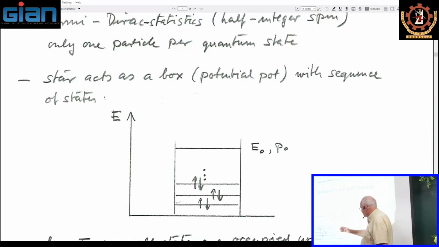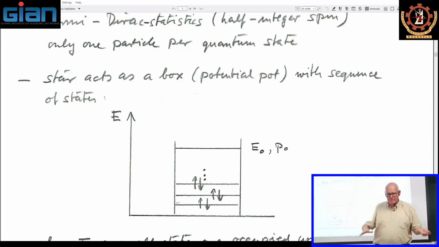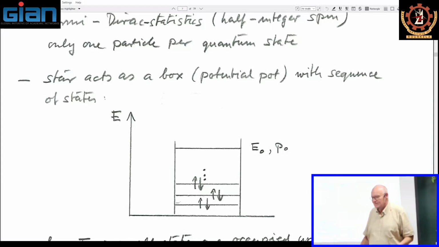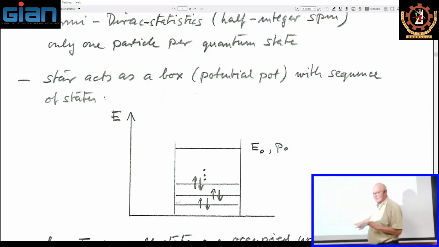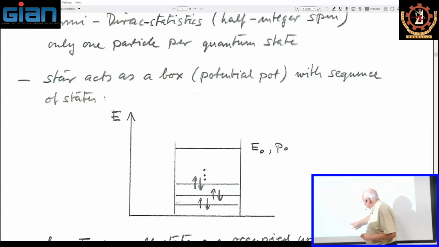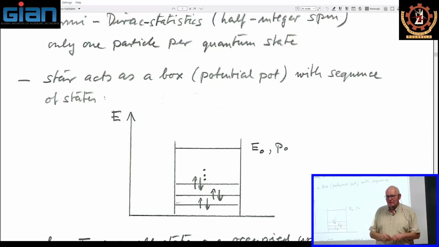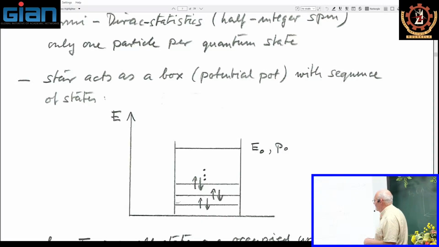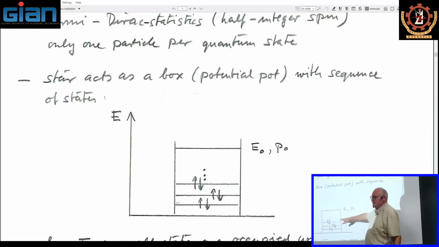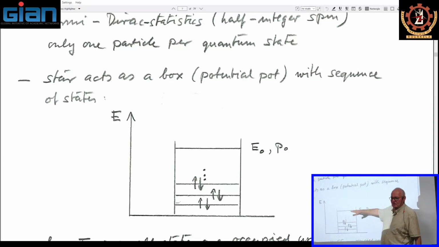For this potential pot, we have a fundamental state, a state with lowest energy, which is not zero. That's a quantum mechanical effect. There is the lowest energy state, and then we have a sequence of states. And once the temperature is low enough, then all these states are filled up to a maximum energy.